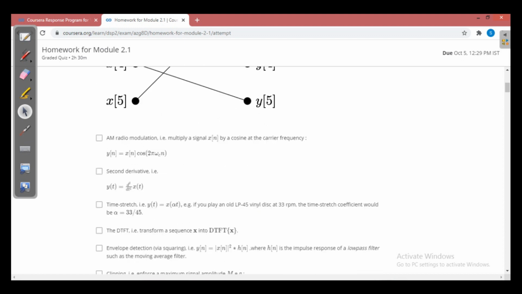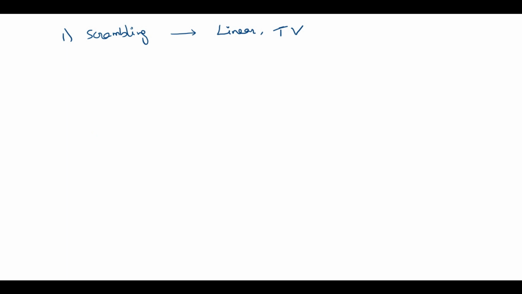AM radio modulation. So the AM radio modulation is y of n is equal to x of n cos 2 pi omega c n.